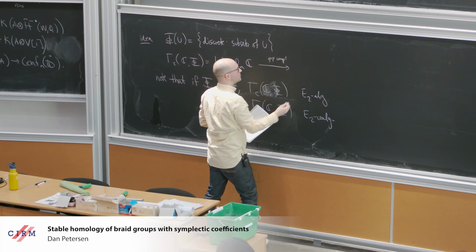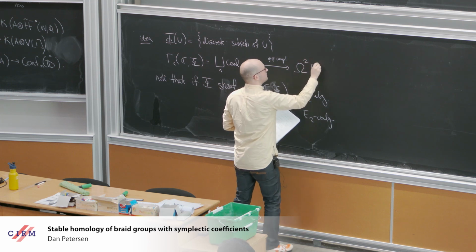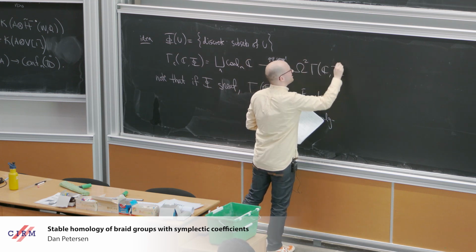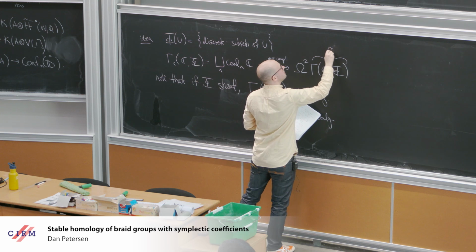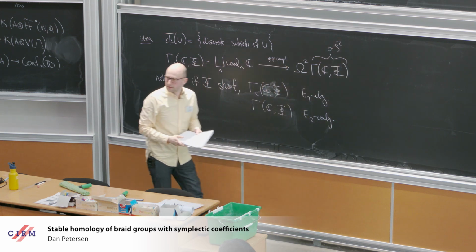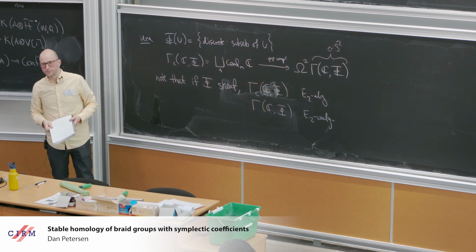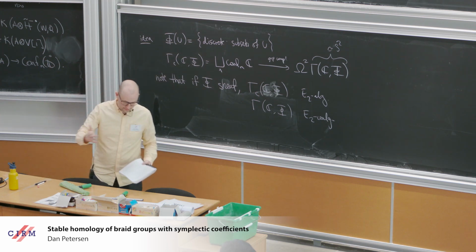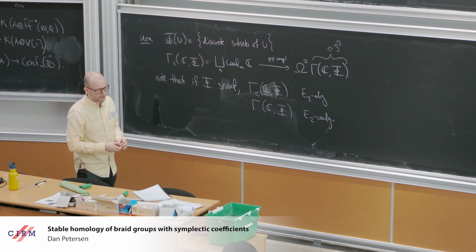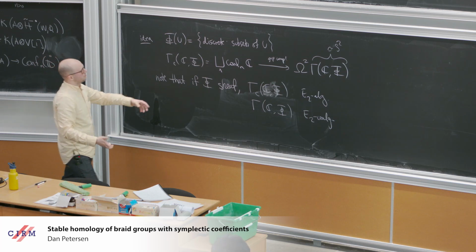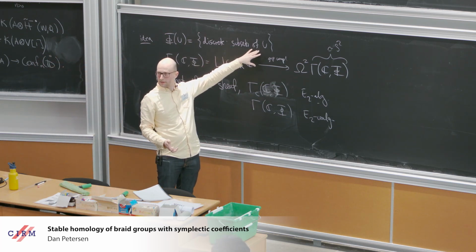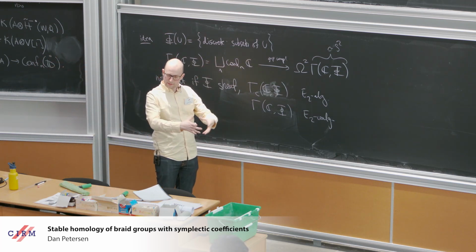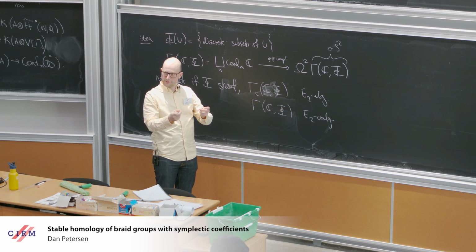So what happens is that you group complete it and you get loop 2 of gamma C phi. And you can show this to be homotopy equivalent to S2. And it's a very concrete deformation retraction. So if you have a discrete subset of a disk, you look at what's the largest disk centered at the origin, which contains at most one configuration.